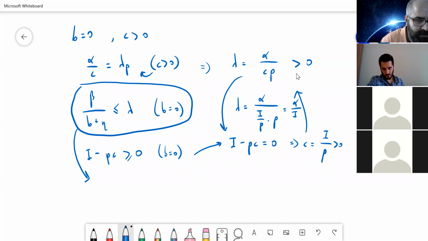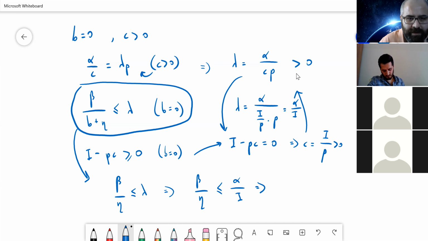If B is equal to 0, you have beta divided by eta less than lambda. So you have beta eta less than or equal to alpha I. If you rewrite this, you can find that beta less than or equal to alpha eta divided by income.